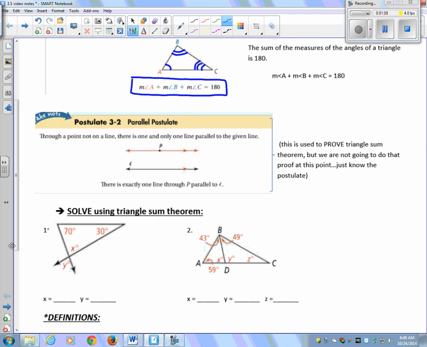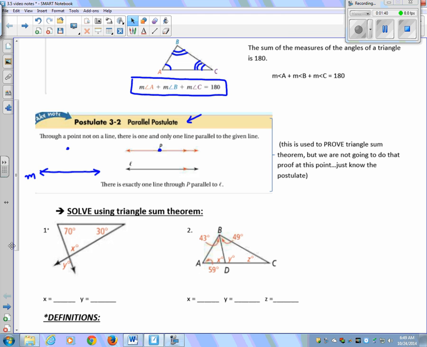There's also a postulate in this section. It's called the parallel postulate. Not very commonly used, but sometimes we use it for proofs. It says that if you have a line and a point that's not on the line, there's only one line that goes through that point parallel to the first line. So in other words, I take a line, let's call it line M, and I have a point that's not on that line.